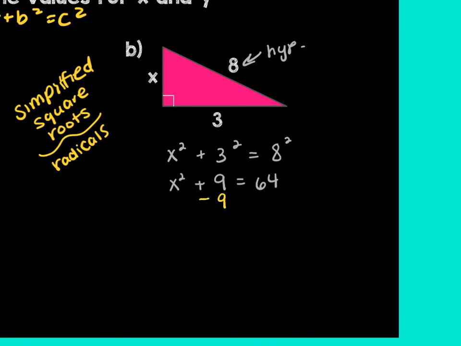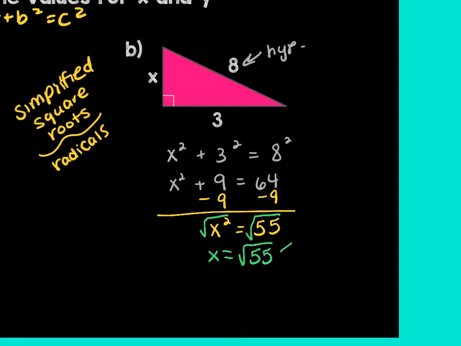Subtract 9 from both sides of the equation. 64 minus 9 is 55. Square root both sides of the equation. X equals the square root of 55. 55 breaks down to 5 and 11, and neither of those repeats. So X will stay as the square root of 55.